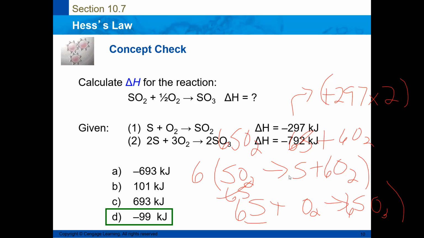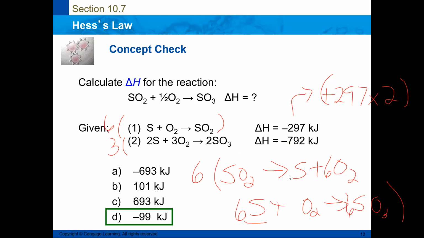Okay. Yeah, because we multiplied it times 3. Okay, so this is times 3. This one's times 6. And that gives us 6 SO2. And I might as well just do it right there because it gets confusing like this.